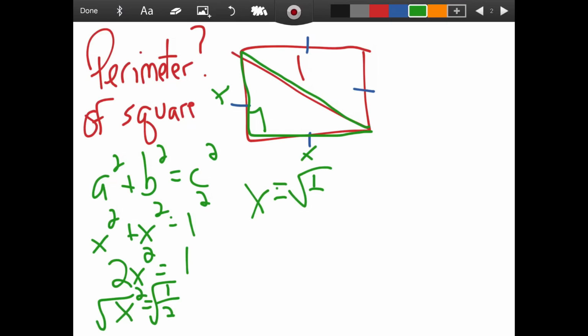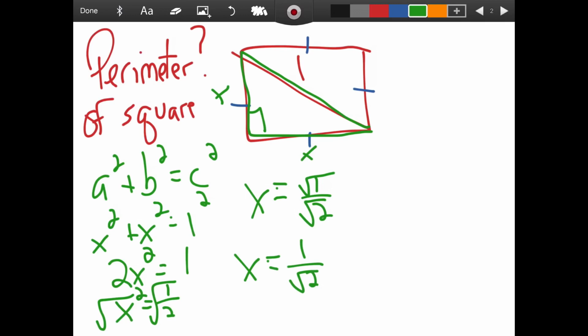I personally like to write it like this. It just helps me understand it a little more. Because now what we have to do is rationalize. So like we did in the last problem, and I can simplify this because the square root of 1 is 1. So each side is equal to 1 over the square root of 2, which I don't want on the bottom.